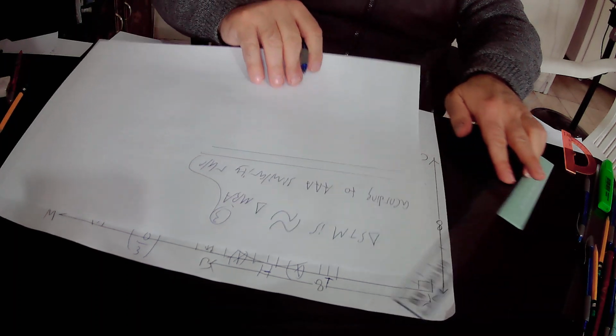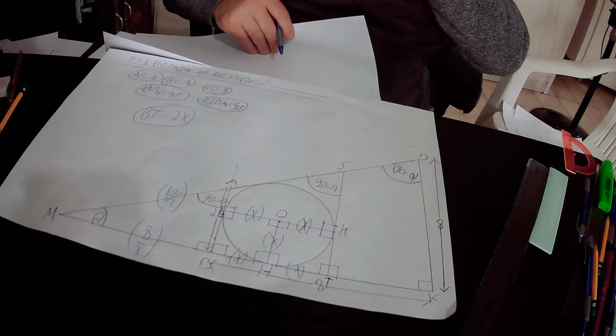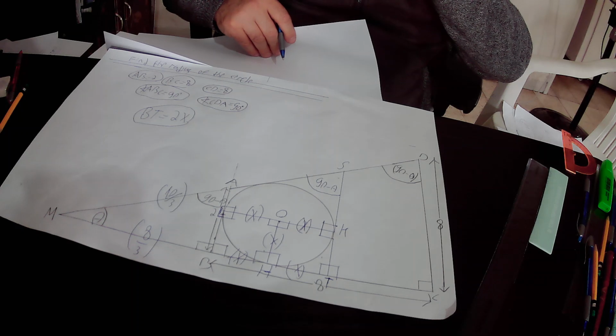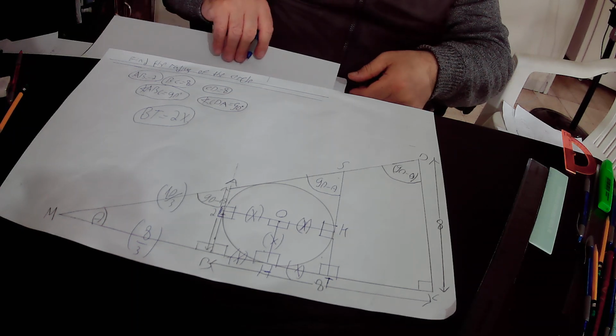And from the fact that the right middle triangle is similar to the small right triangle, we will derive that the following relationship exists between their sides.